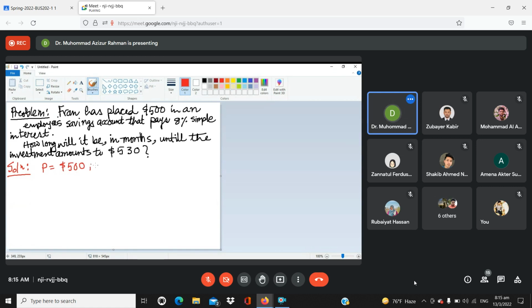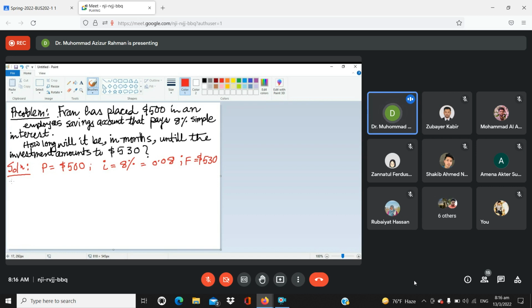Simple interest rate I equals 8%, meaning 0.08, and future value F equals 530. Then we need to find the value of n.